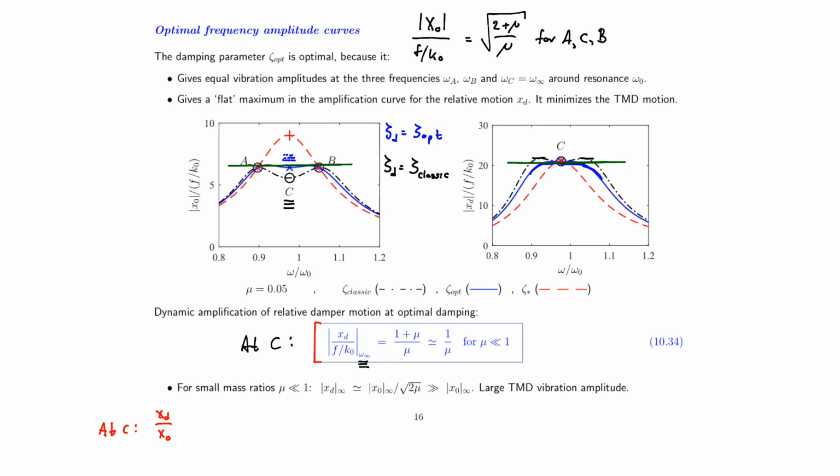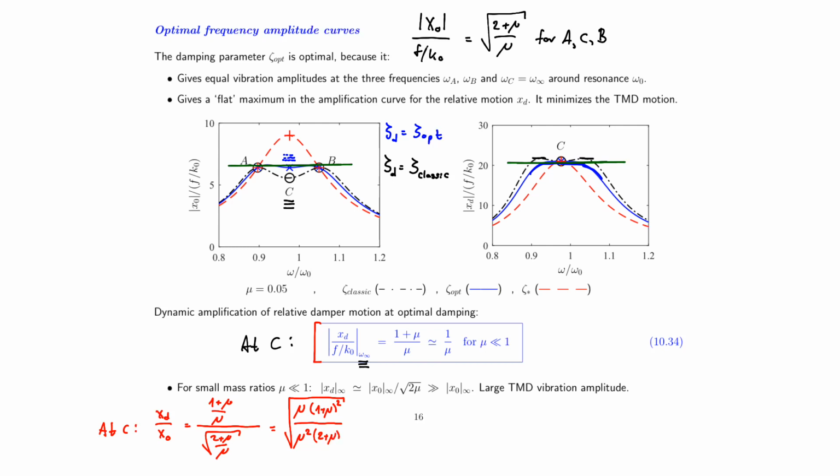So that gives me 1 plus mu divided by mu, and then we will have the square root of 2 plus mu divided by mu. And if we put in a large square root, we will get mu, and then the 1 plus mu must be squared, divided by mu squared, and 2 plus mu.